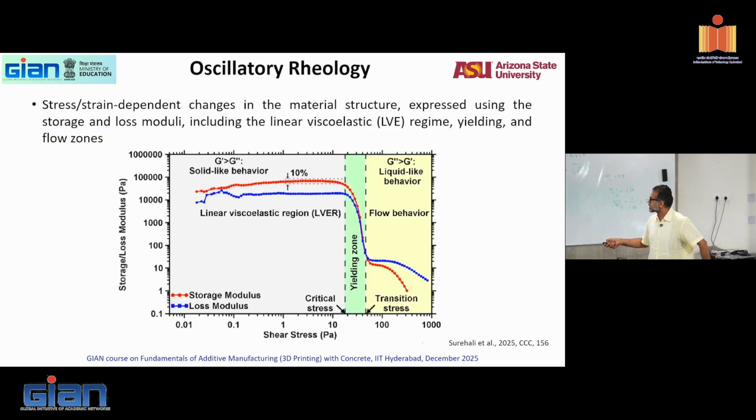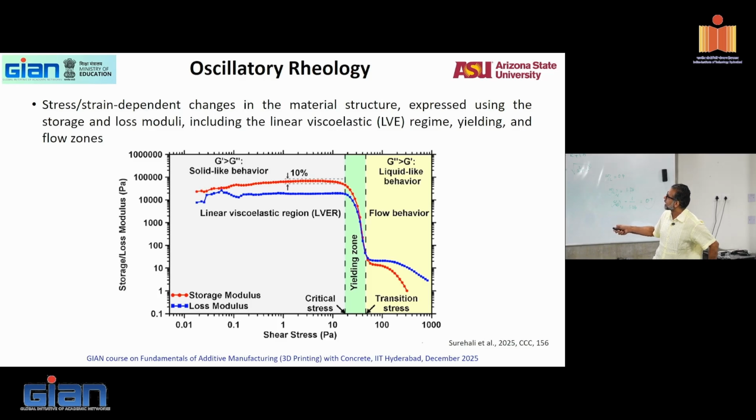So this is a shear stress sweep, sweeping from a stress of 0.01 to 1000 pascals at a very low frequency. I don't remember what the frequency is here, but what you get is your storage modulus, the red dots, and the loss modulus, which is your blue dots.